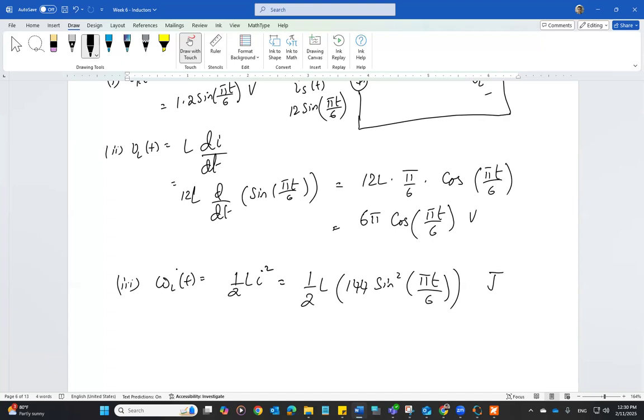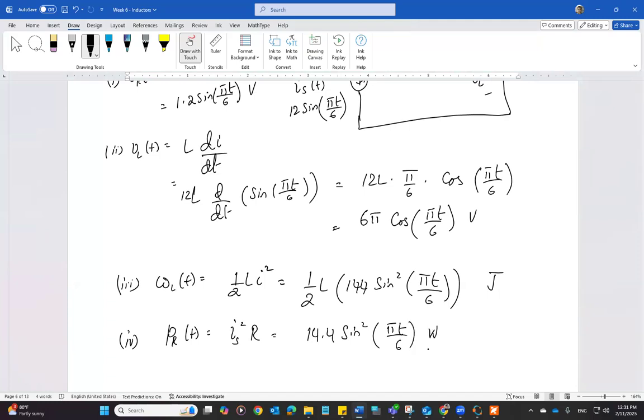All right, let's see how much power is dissipated in the resistor. So PR(t) is equal to IS squared times R. So 144 times 0.1 is 14.4, 14.4 sine squared pi t over 6 watt.